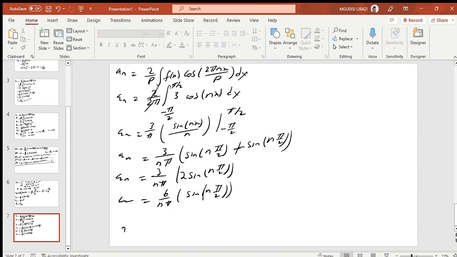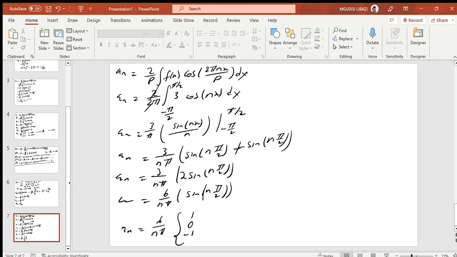That means our an will be equal to 6 over n pi times some values. The first one will get 0, then we'll get 1, then negative 1.